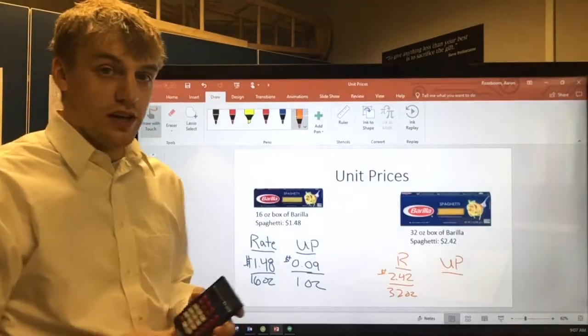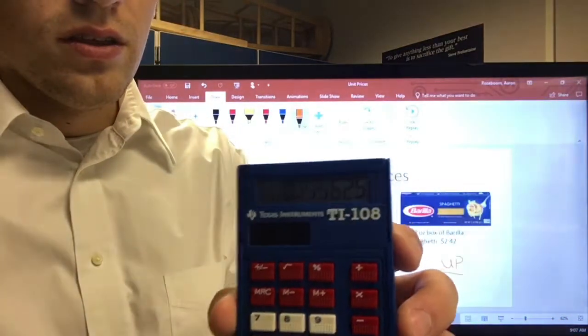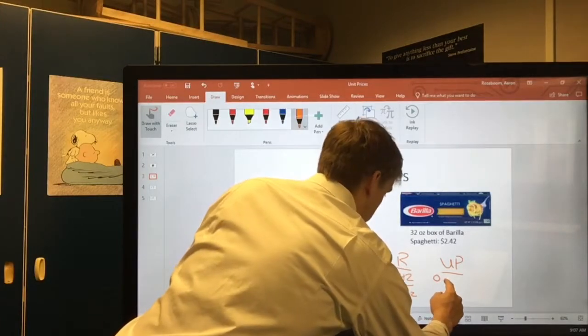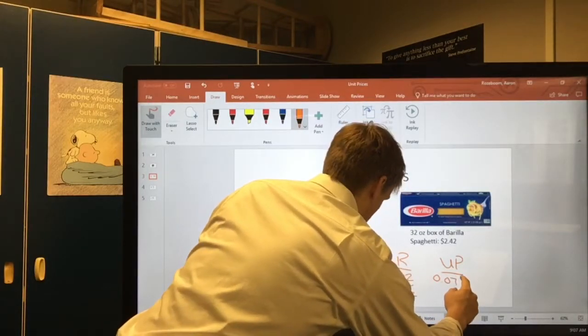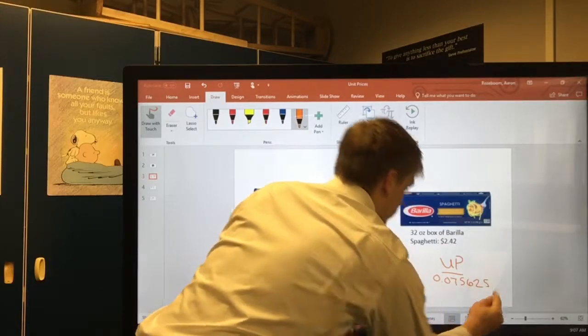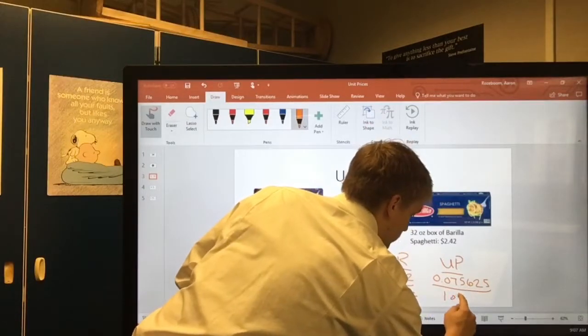If you look, we get a long decimal. I'll write it out too: 0.075625, and this would be per 1 ounce.